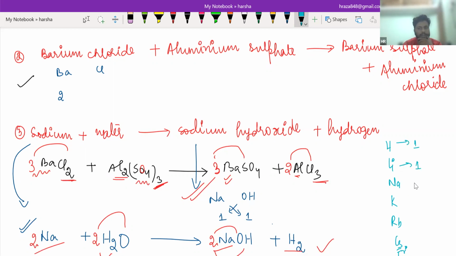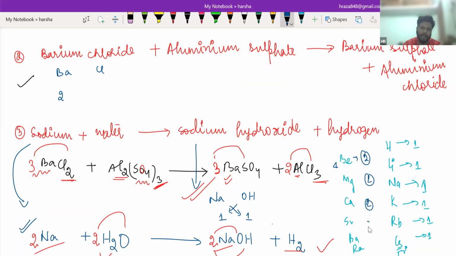The second group is beryllium, magnesium, calcium, strontium, barium, and then radium. We know that barium is in the second group, so it has valency 2. All the elements in a group have the same valency. That's why I wrote 2.